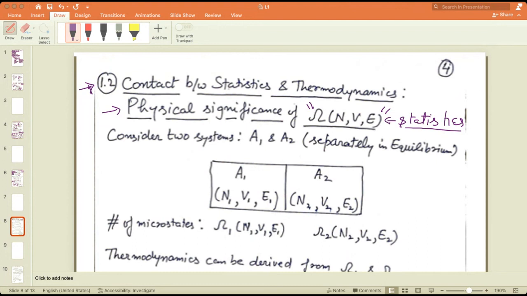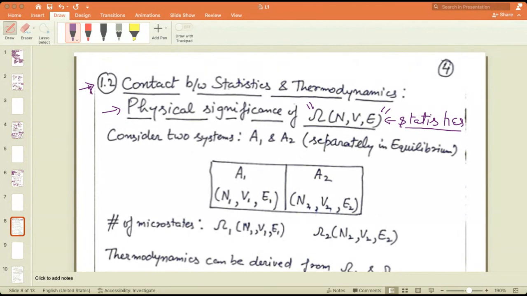Student: Sir, can we say that statistical mechanics is thermodynamics at a quantum level? No, Tariq, it's not like this. This is a good question, in fact. Statistical mechanics is something else.